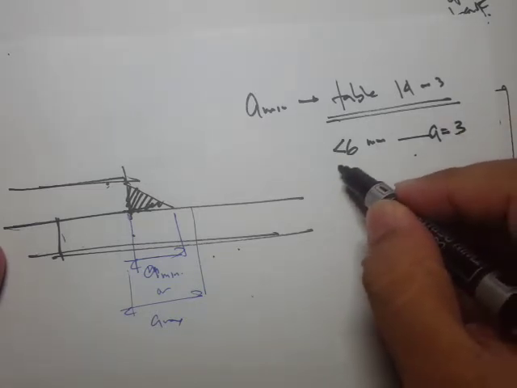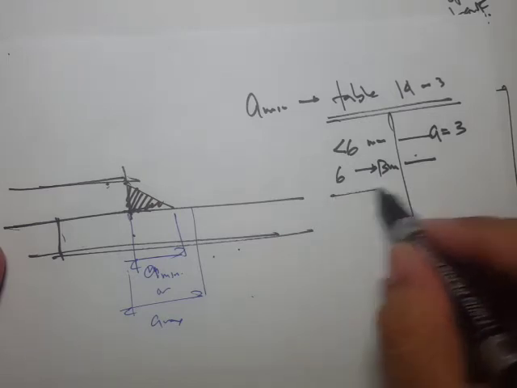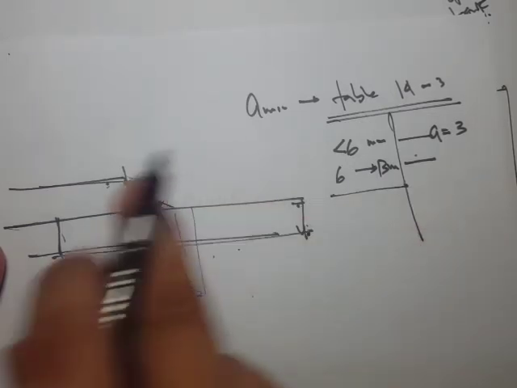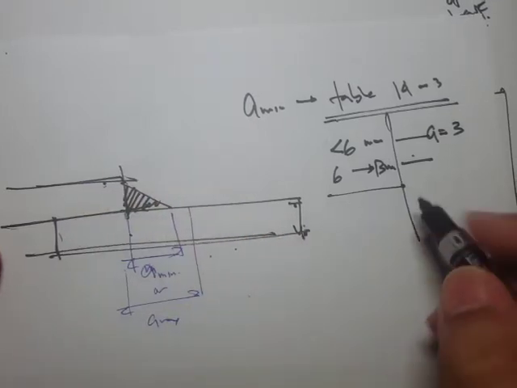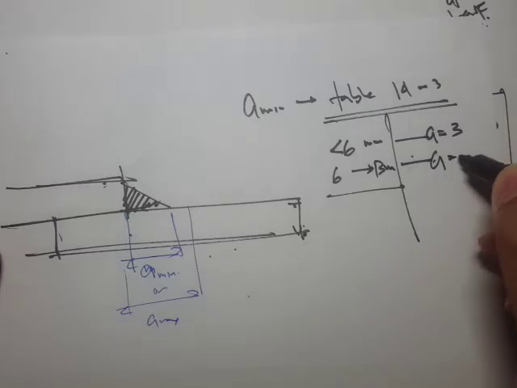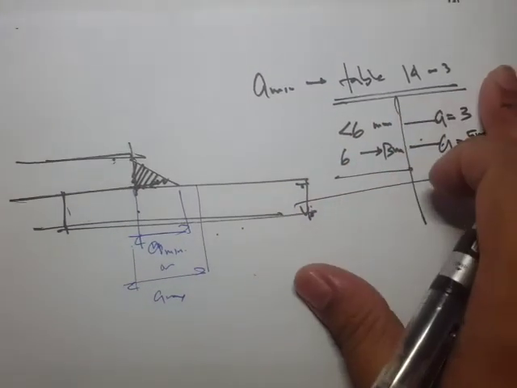But if we have, let's say, 6 to 13 mm thickness, whichever is the smallest, it says here A min is 5 mm. So you can just obtain that from the table.